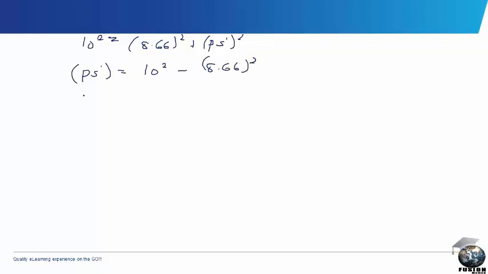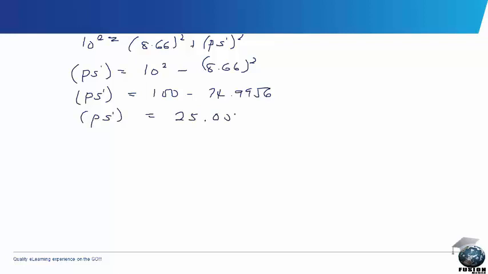So PX bar squared will be equal to 100 minus 8.66 squared, which is 74.9956, and so PX bar squared is equal to 25 when you carry out your subtraction.